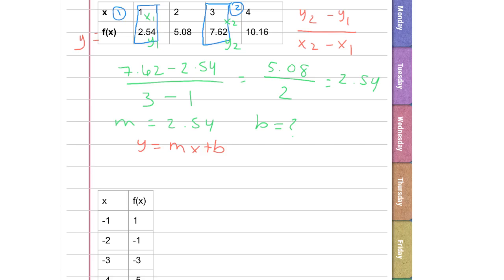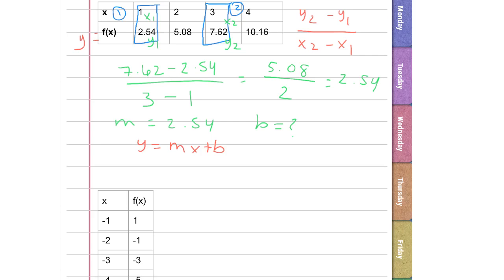And this y right here and this x, that's a point, okay? I'm going to choose any of these points and plug my y value here and my x value here. So since I already picked my points here, I'm just going to go ahead and use this y1, okay? But really, you can use any of these 4 points.